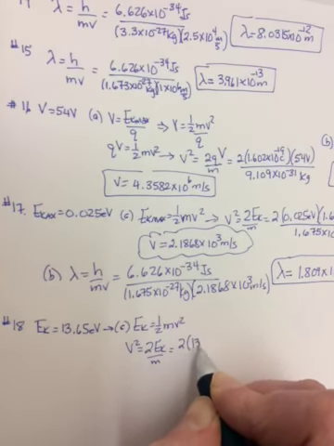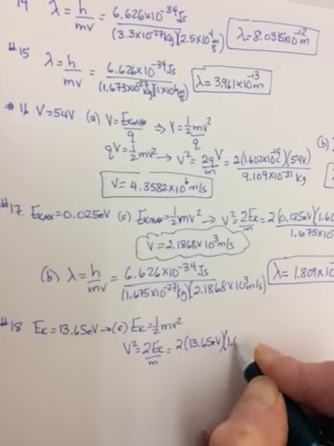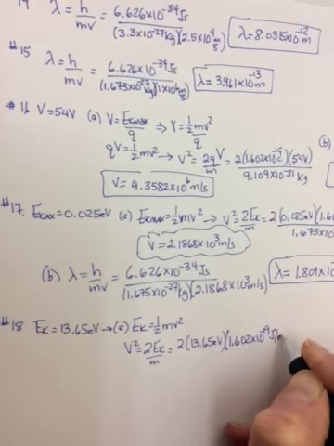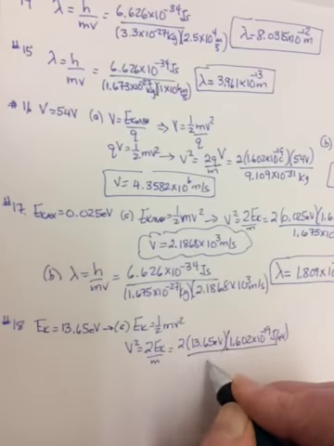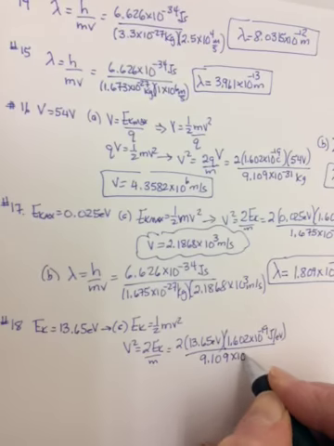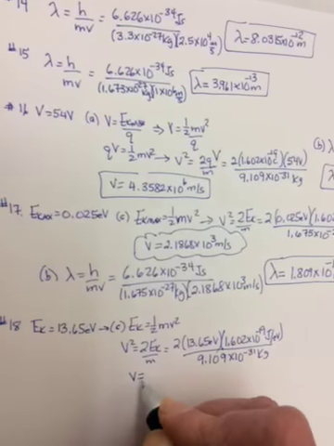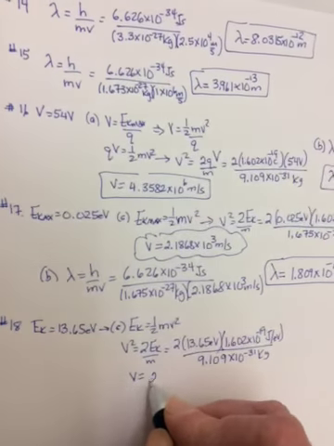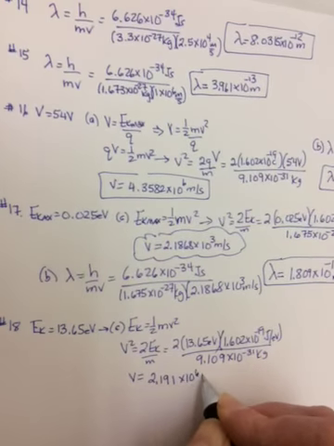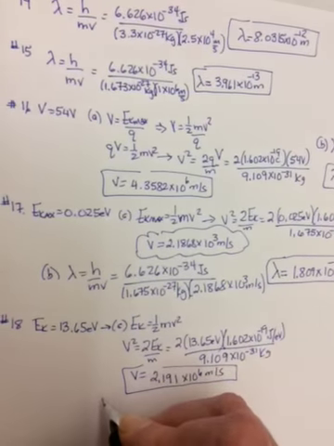So 2 times 13.65 electron volts, which you have to switch to joules, 1.602 to the negative 19 joules per electron volt, and then divided by the mass of an electron, 9.109 times 10 to the negative 31 kilograms. Again, remember that's v squared. You need to take the square root, and when you do, you get 2.191 times 10 to the 6th meters per second. And that is 18a.